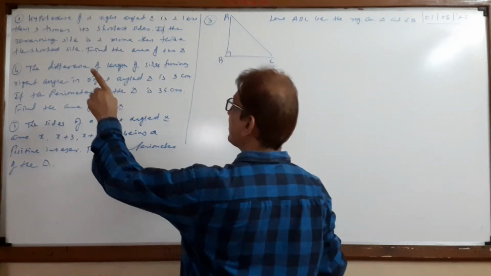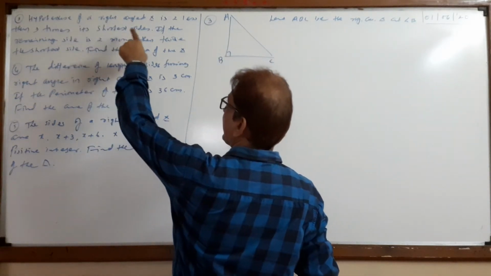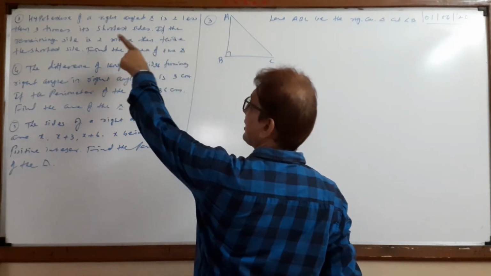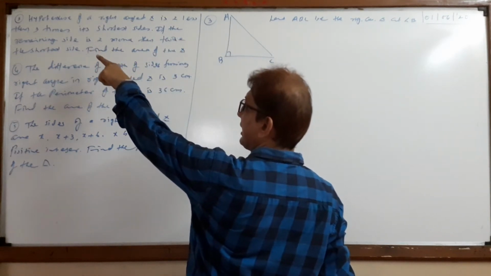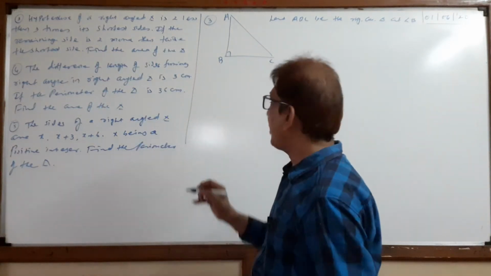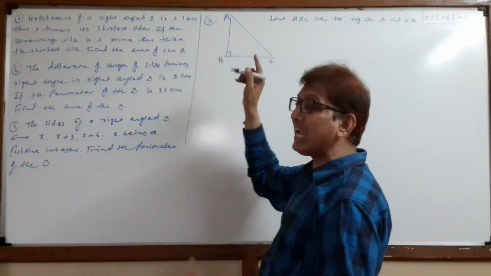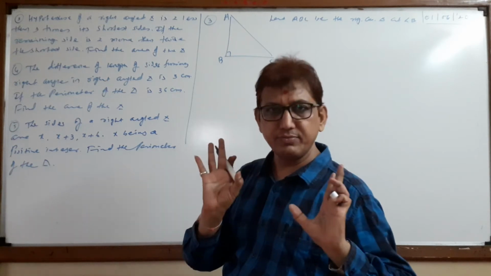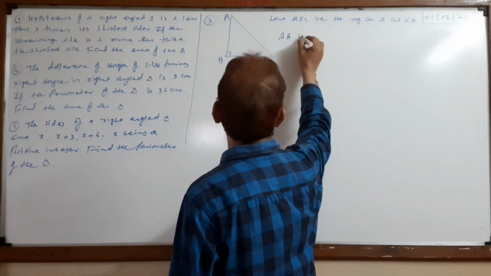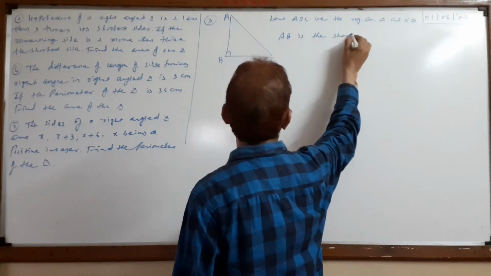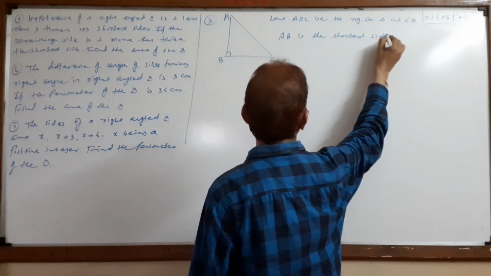Now read: the hypotenuse of a right angle triangle is 2 less than 3 times its shortest side. You can suppose AB or BC, any one is the shortest side. Suppose AB is the shortest side.